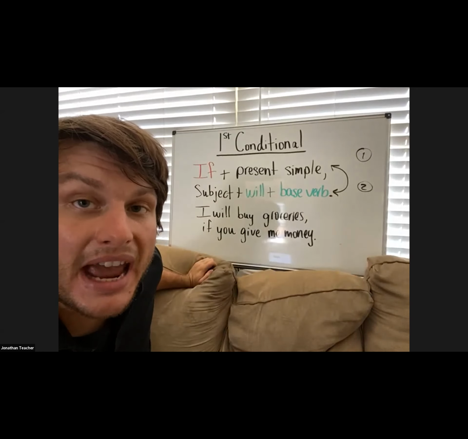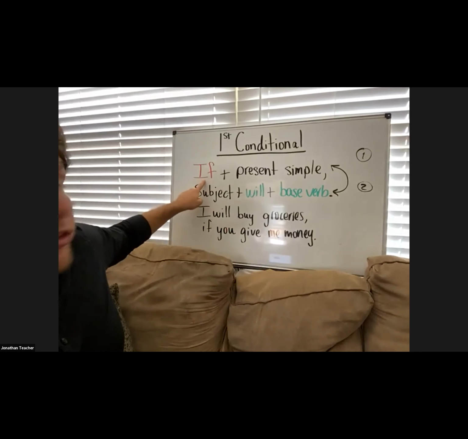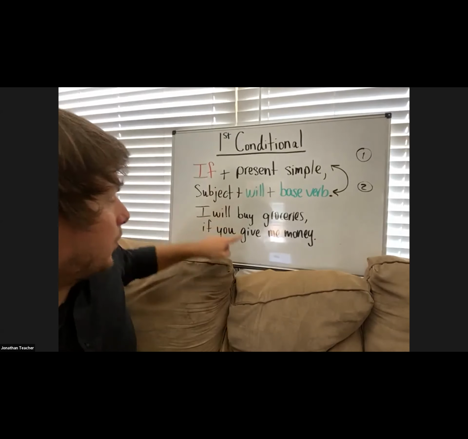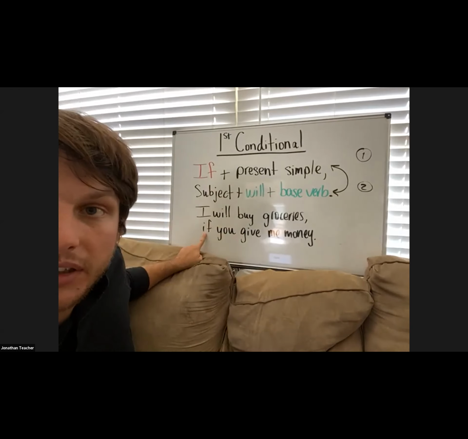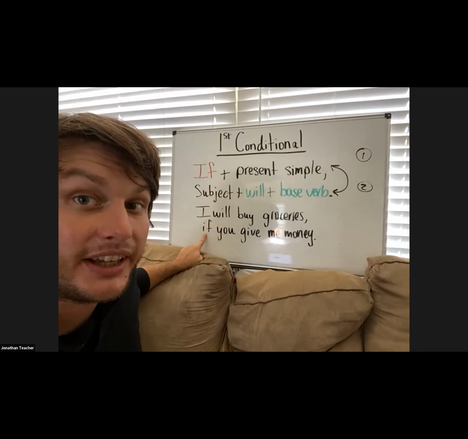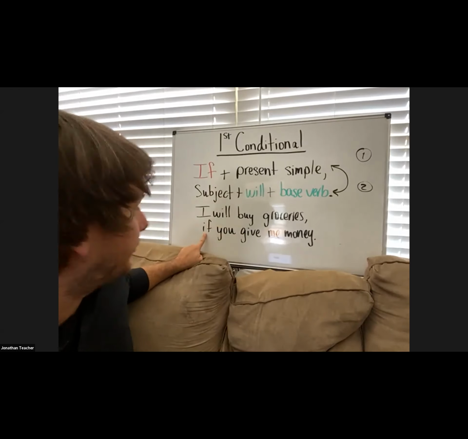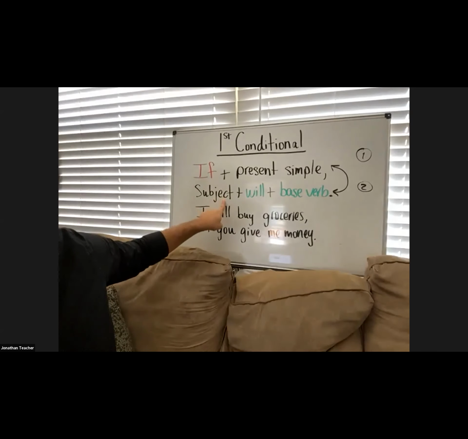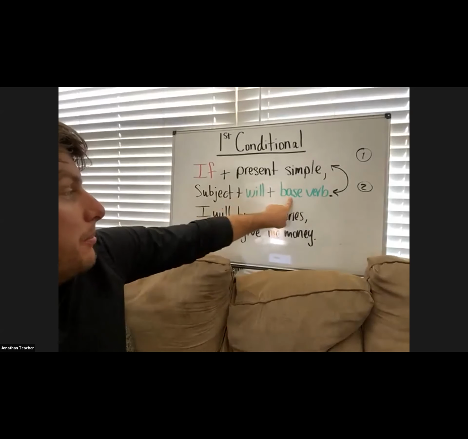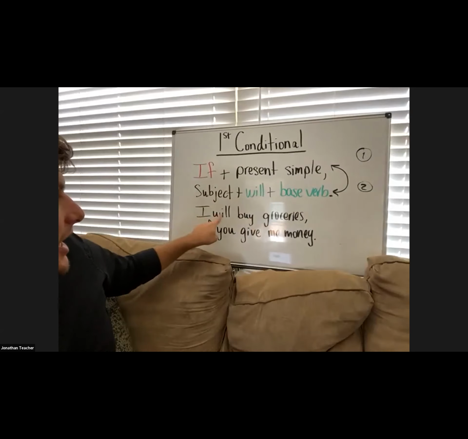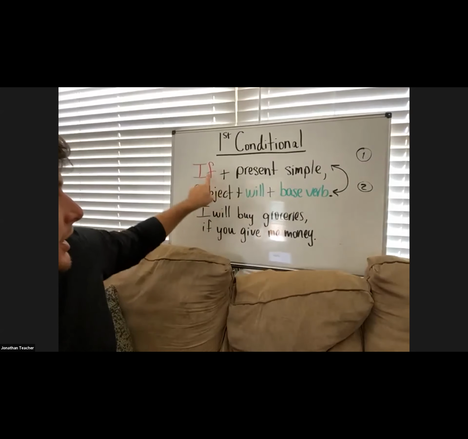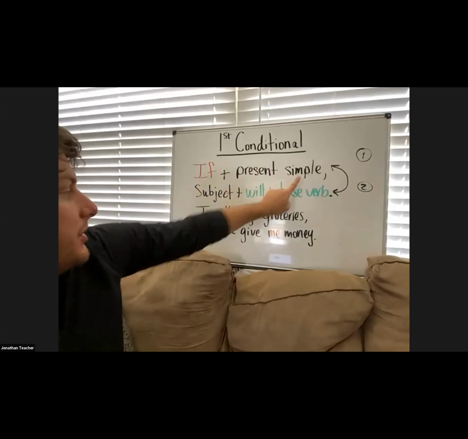It doesn't matter if you start with if or if is in the middle of the sentence. It's the same format every single time. So subject, will, base verb. Subject, will, base verb. If plus present simple.